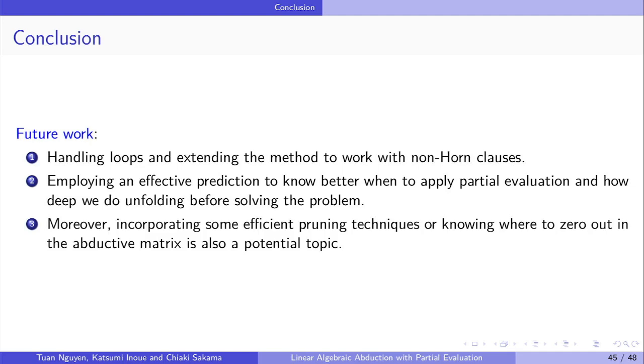This is maybe one of the most interesting and difficult problems. And moreover, we try to incorporate more efficient planning techniques on knowing where we should zero out the abductive matrix, so we don't need to compute that branch. It's also maybe a potential topic.